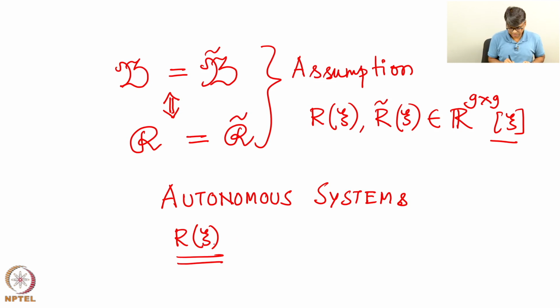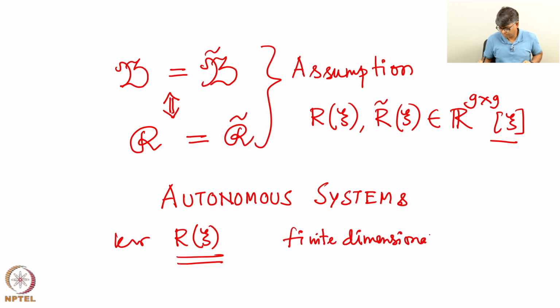In fact, it so happens that their kernels are finite dimensional vector spaces, you see, because they are finite direct sums of finite dimensional vector spaces. Remember, two lectures back we had parameterized the solutions of these kinds of equations.